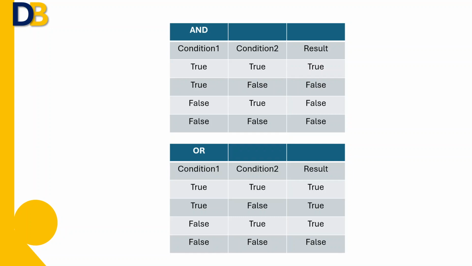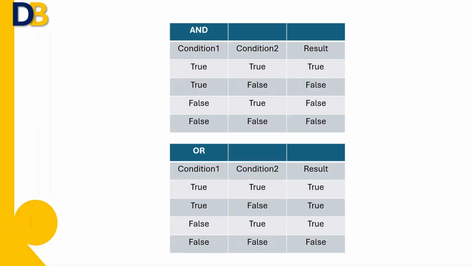The intuition behind this logic on the screen here is to say if you are dealing with the AND operator, then all of your conditions must evaluate to true before you can have a true result. But if you're dealing with the OR operator, then you only need one condition to test true before you get a true result. You do not need more than one.